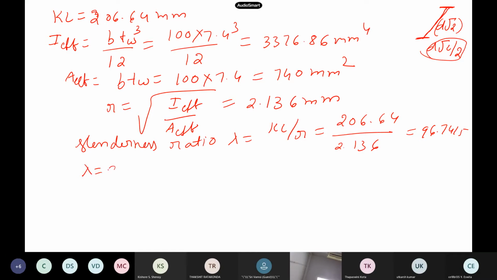For slenderness ratio 96.7415 and yield strength of the web 250 Newton per mm square, you have to see which buckling curve applies for the web as a column. We told you in previous classes that we have four buckling curves, A, B, C, and D. Which buckling curve has to be used?